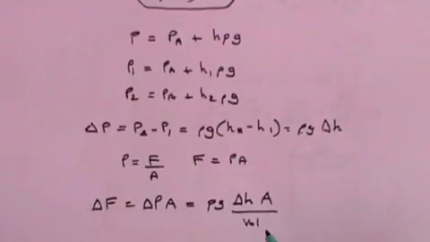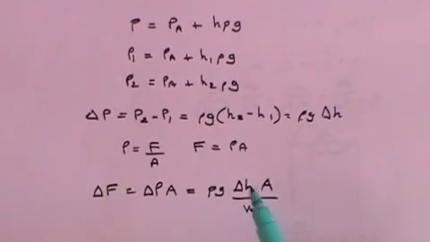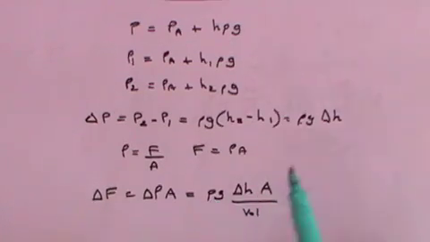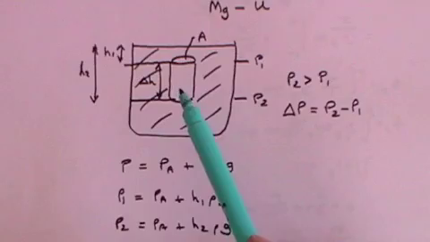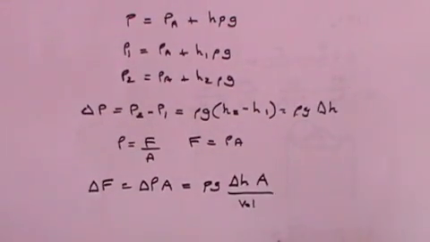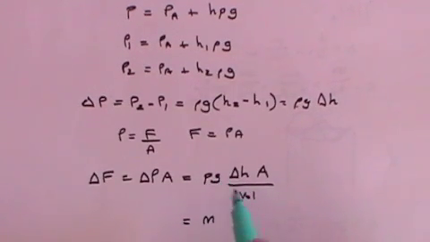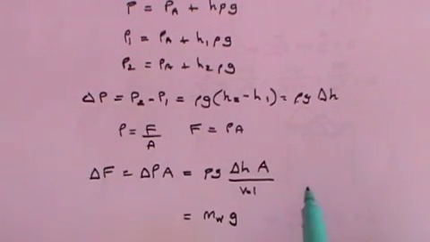If you multiply that volume by the density of the fluid, in this case water, then you get the equivalent mass of that volume of water. And so this now simply becomes the mass of the water displaced times g. So the upthrust is simply the mass of water displaced times the gravitational field strength.